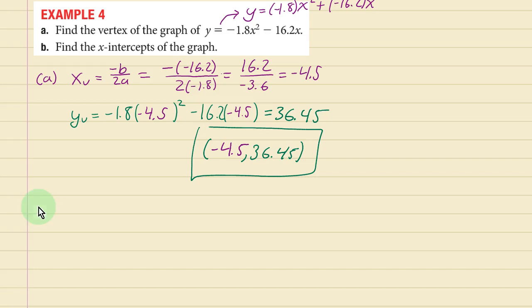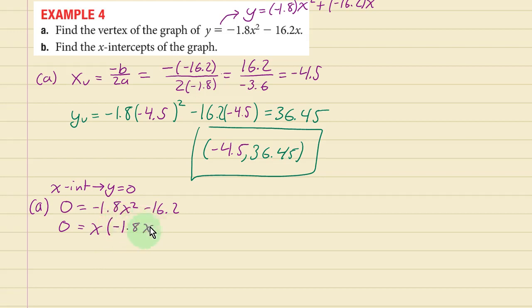That's going to be what you get when you plug in y equals 0. So we're going to have 0 equals negative 1.8 x squared minus 16.2x. And you can factor out the x from the right side and write it as x times negative 1.8x minus 16.2.